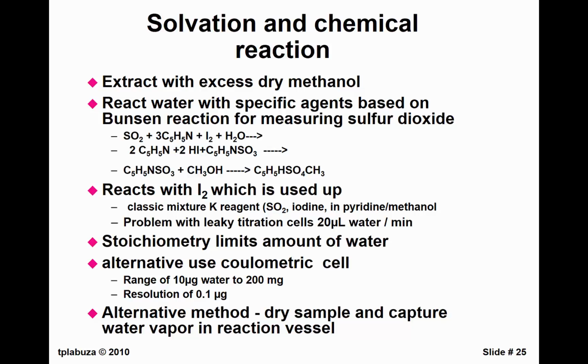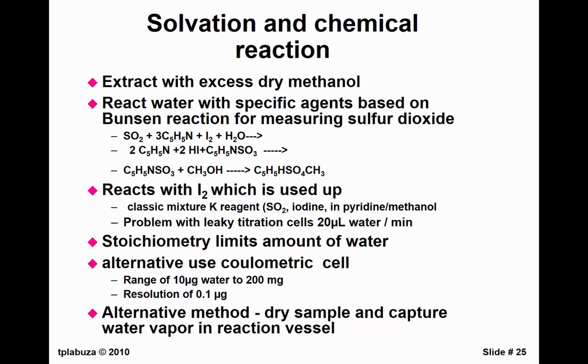So, for example, on these coulometric ones, like the one that we use, you have a range from 10 micrograms of water up to 200 milligrams of water. So you'd adjust your sample weight to be somewhere in that range. And the resolution is very good, about 0.1 micrograms. A lot of industry has gone over to this as an internal standard.